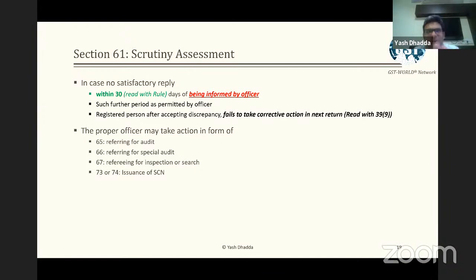Meaning thereby whenever there is a scrutiny notice, it always makes sense to give a proper reply on the merit and understand that officer cannot do anything on his own. Let's say for an example, उसको लगता है कि assessee के यहाँ पे there is a lot of gray area which needs to be further investigated. Now what he will do? He will write to his concerned anti-evasion to say कि ये assessee के यहाँ पे you should do a search. Now think about this.